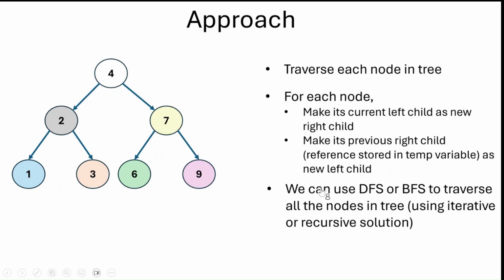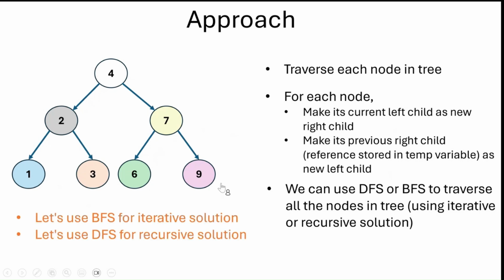We can use DFS or BFS to traverse all the nodes in the tree, using an iterative or recursive solution. We can use either approach here. We will use BFS for the iterative solution and DFS for the recursive solution.